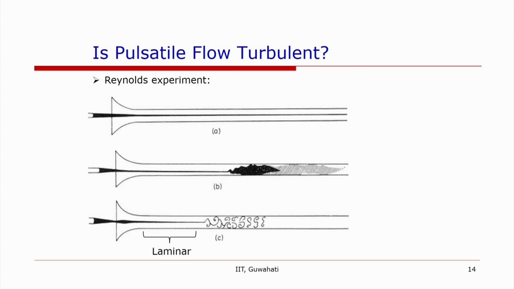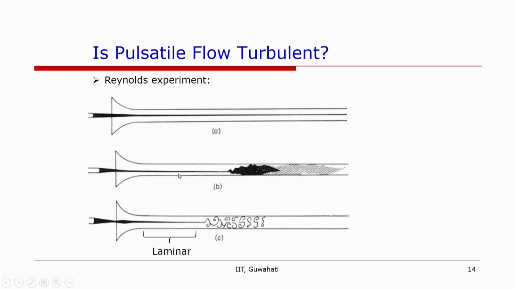So, let us look at this experiment first. This is the famous Reynolds experiment image, and it has been taken from Fung's book. When the flow is laminar at low velocities, the dye that was injected at the inlet moves just in that line.